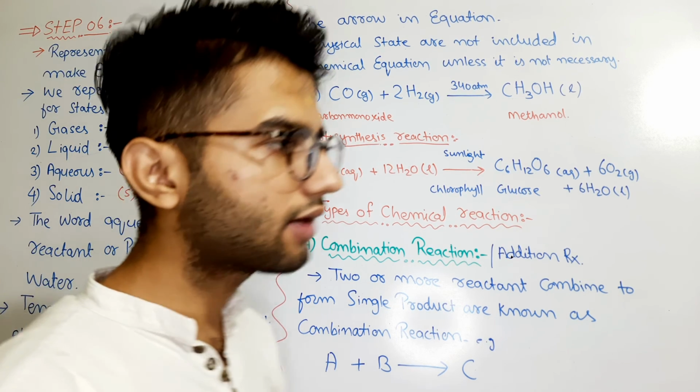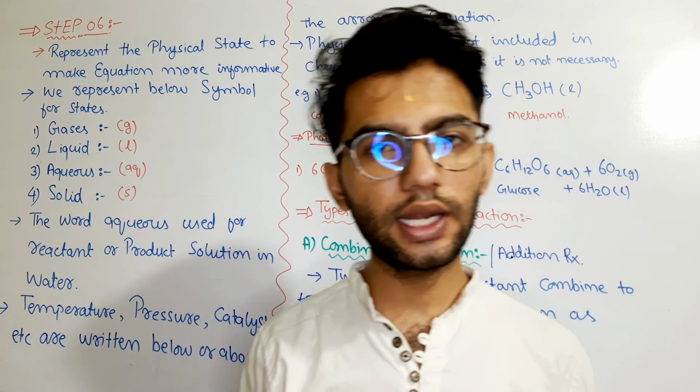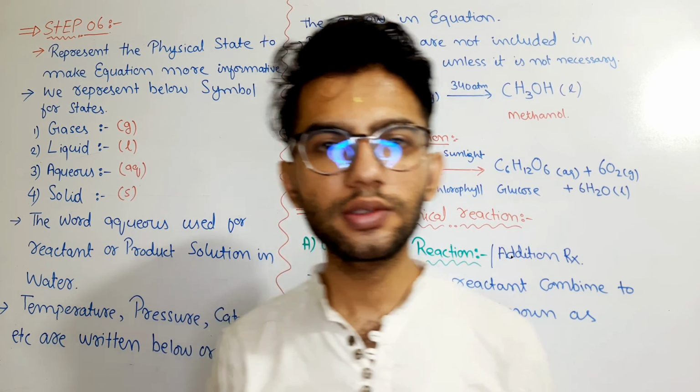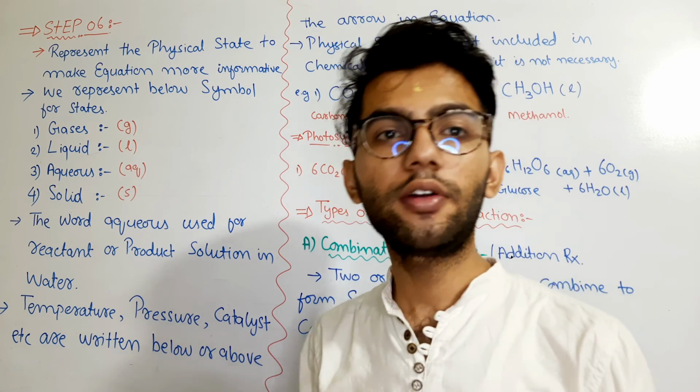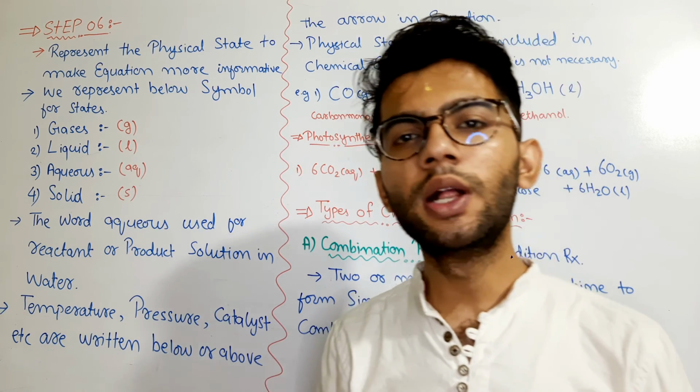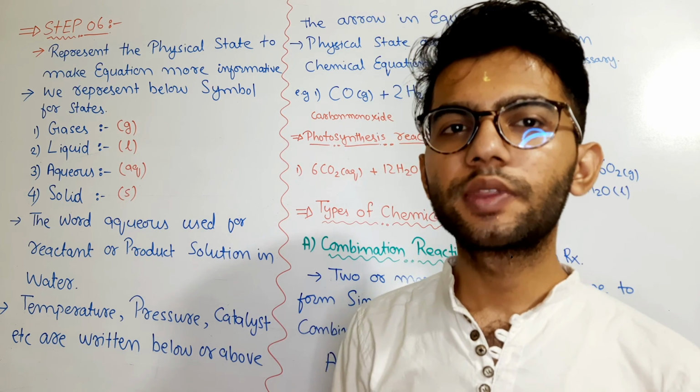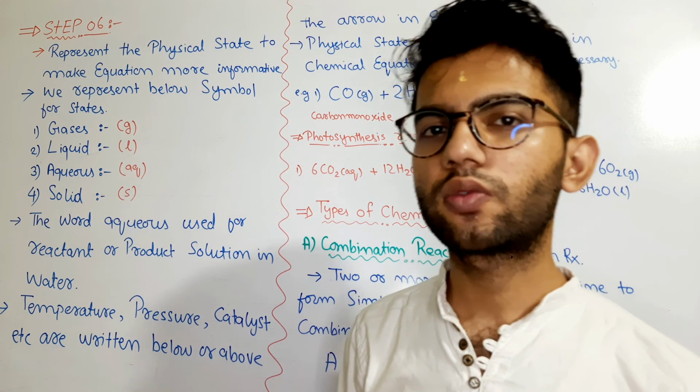Aqueous means a solution, when our reactant or product is dissolved in water. When our reactant or product dissolves in water and is present alongside the water, we use the term aqueous in place of its state.